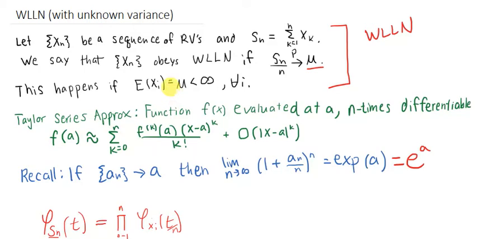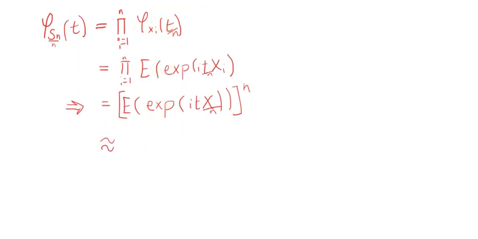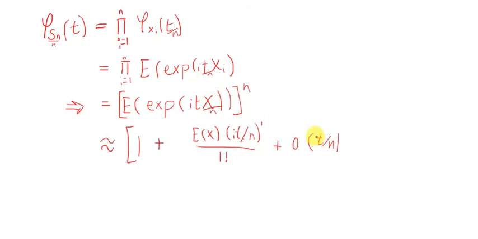And we also know, so the first element is at k equals 0. So approximating this, we have 1 plus the expected value of X times it divided by n, to the power of 1, over 1 factorial, plus o((t/n)^1).